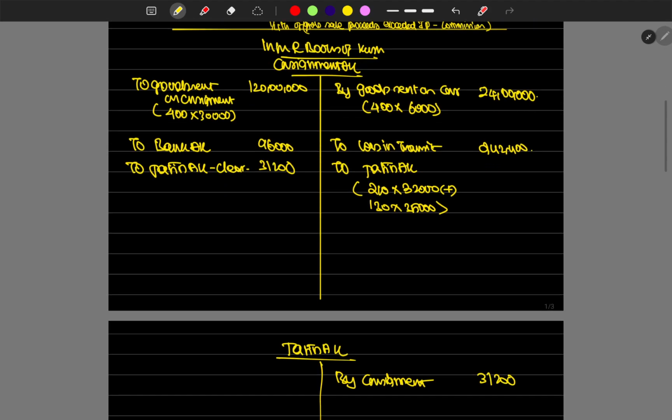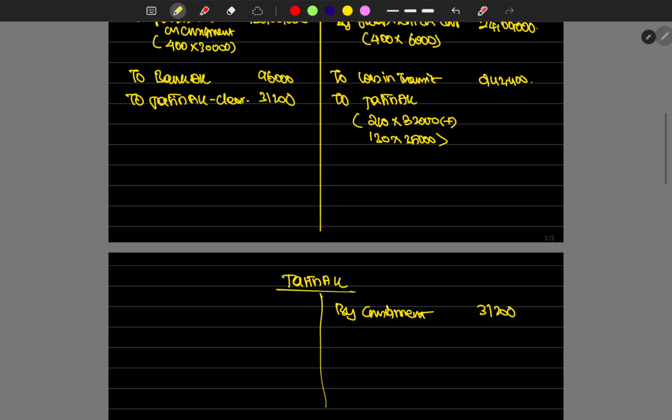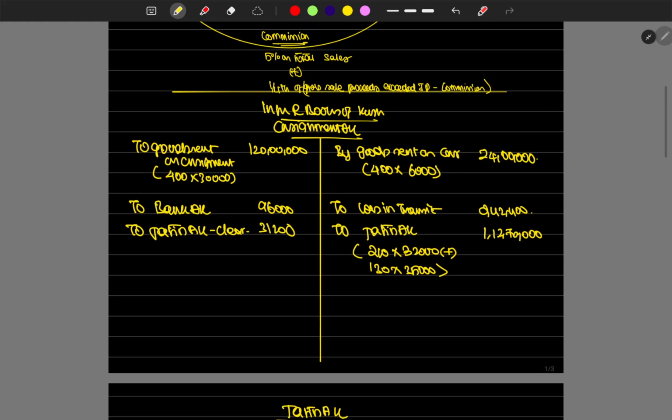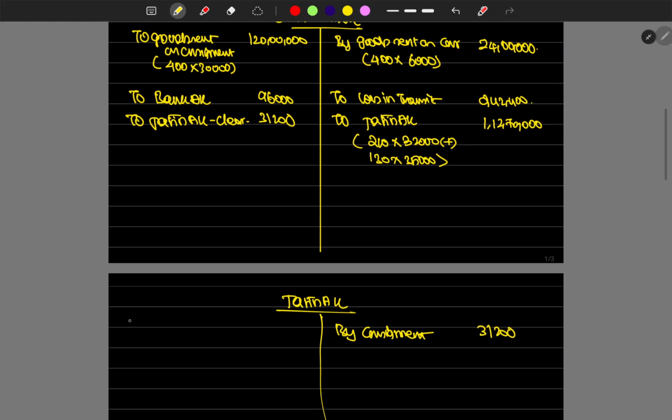So what's the sale amount? 1 crore 12,70,000 is the sale amount. Okay, now we'll quickly enter here also by consignment, which is 1 crore 12,70,000.